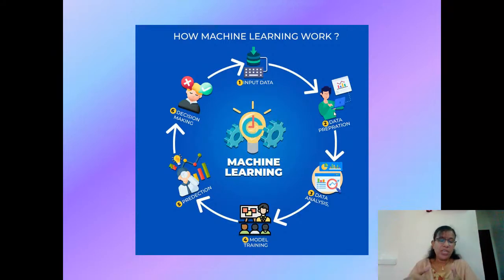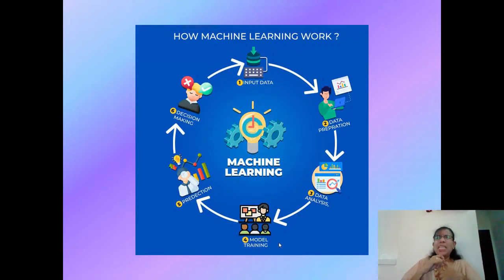Then we will do model training. Machine learning is nothing but model training. So we will train the model. How will we train the model? As I told you, using statistical models and statistical algorithms. Many statistical algorithms are available, like the random forest algorithm, support vector machine (SVM), k-means algorithm, and kNN algorithm.